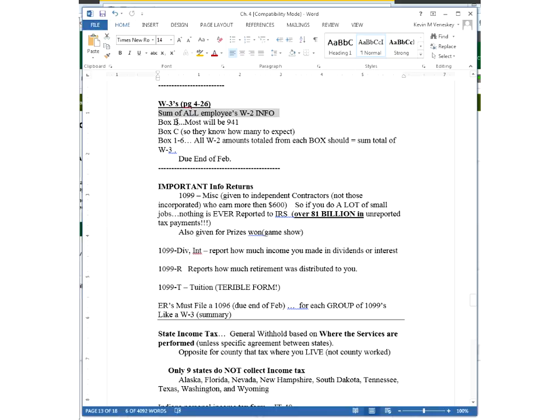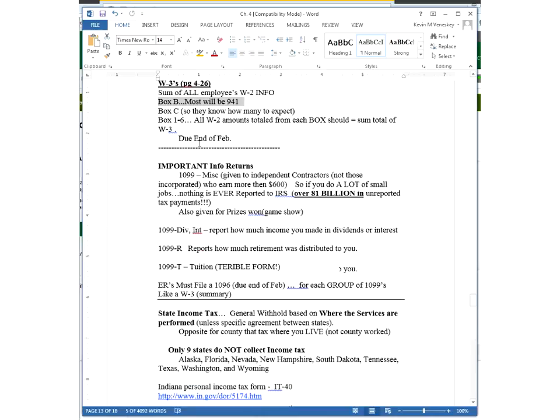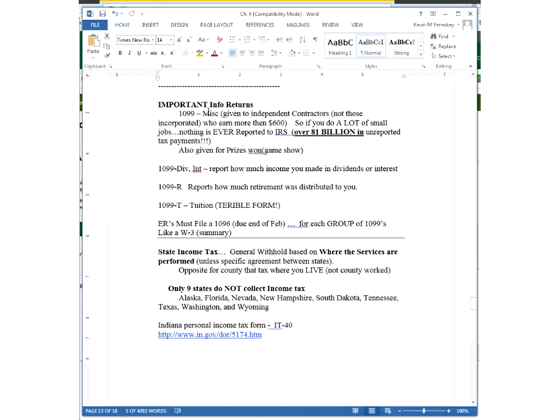But for our purposes, if you had 4 employees and they all made $20,000, box 1 for the W-3 would be $80,000. Most people will fill out via 941 form. Not much more than I want you to know about that. It's simply a summation of all the W-2s for the company.